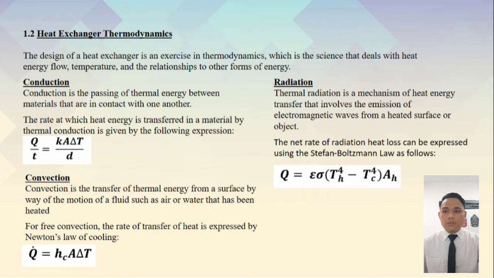In this expression, Q represents the amount of heat transferred through the material in time t. ΔT is the temperature difference between one side of the material and the other, the thermal gradient. A is the cross-sectional area of the material and d is the thickness of the material.